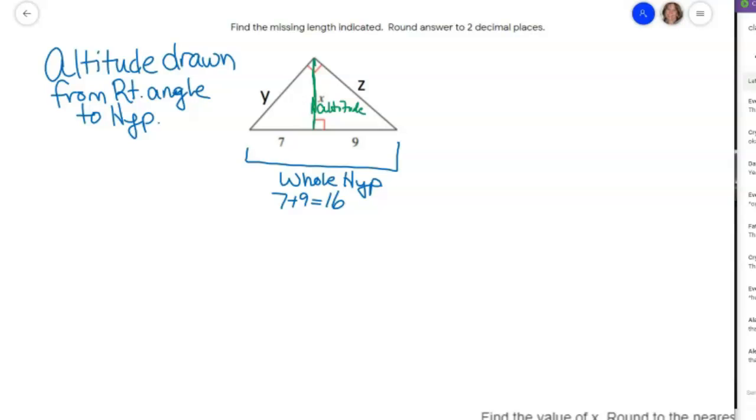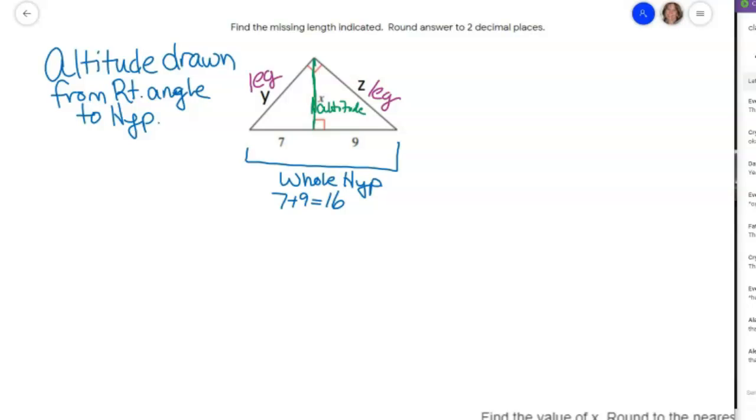Now, we know that inside of a triangle, particularly a right triangle, we have two legs and a hypotenuse, right? So we have this leg, and another leg.